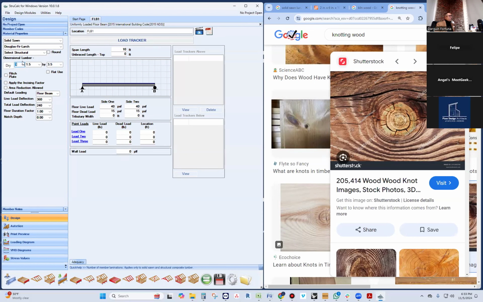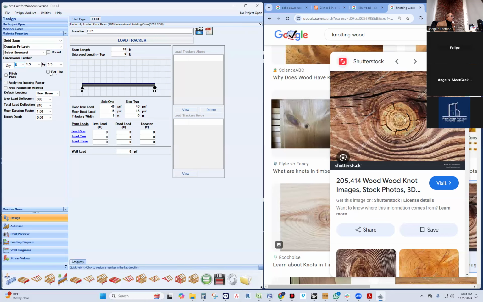You do that in certain cases where you want a bigger span, or you're going to have a floor above that has a bathroom or a kitchen. It's going to be very well loaded, and they're going to cut through it. You want to make sure that when they cut through it, they do it properly, so you want to sister them. All right. So when you click on the flat use, is something that you may not quite understand.